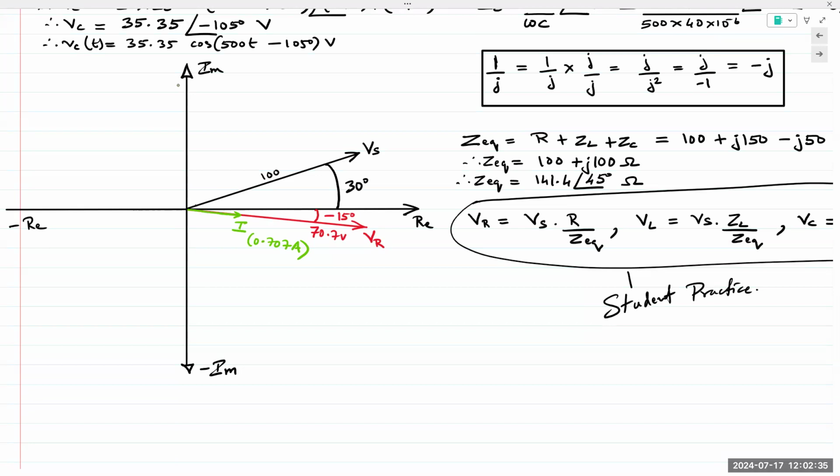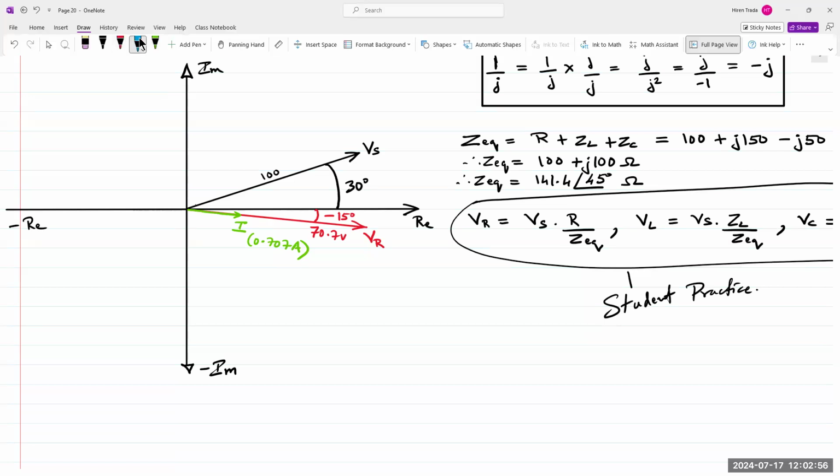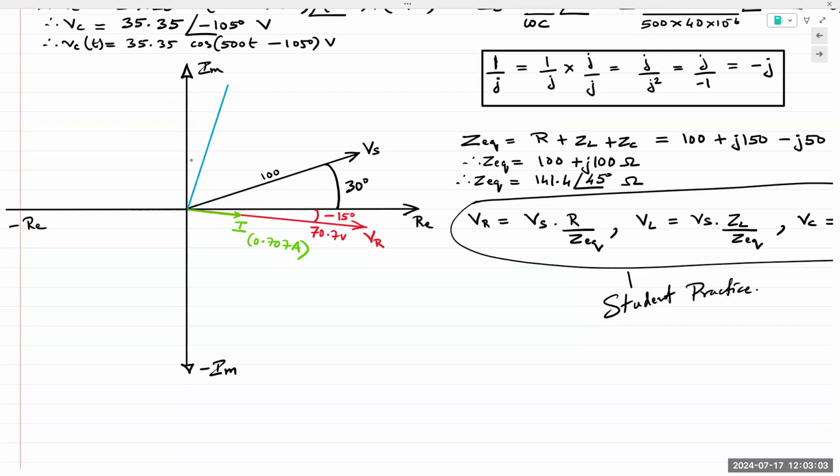Phasors are nothing but vectors. So if you wish to draw a phasor diagram, you simply take the angle of the vector, mark the position on the diagram, and draw out a vector, marking the length as the magnitude. And that's it. It doesn't have to be to scale. Now let's draw VL. VL should be 90 degrees ahead of the current, somewhere about here.